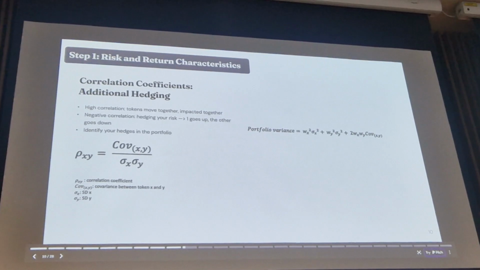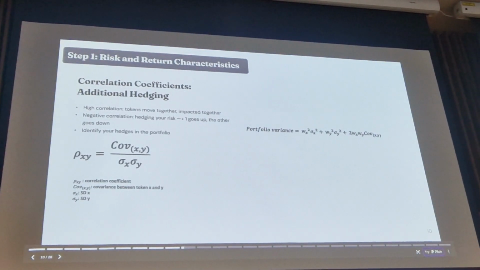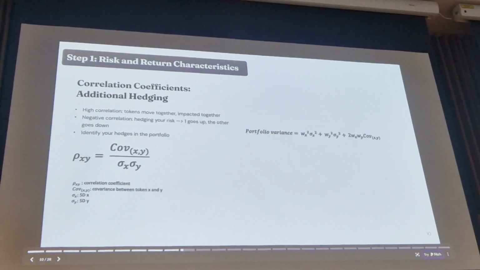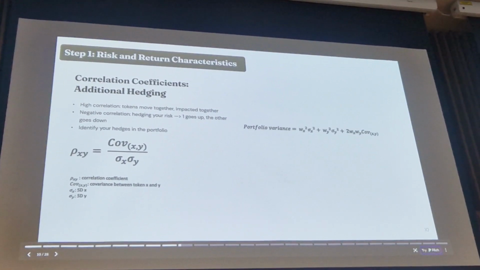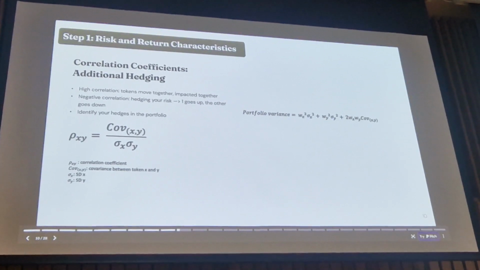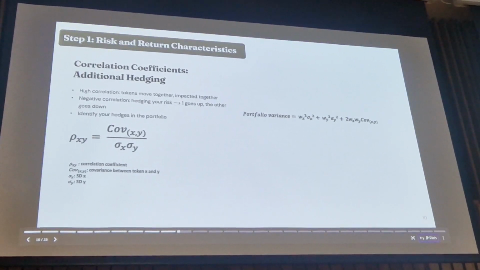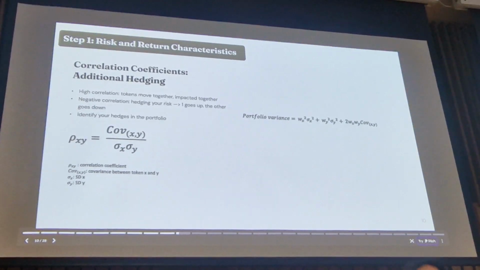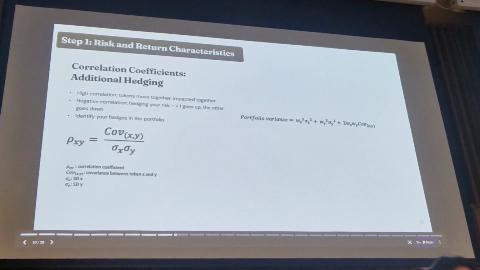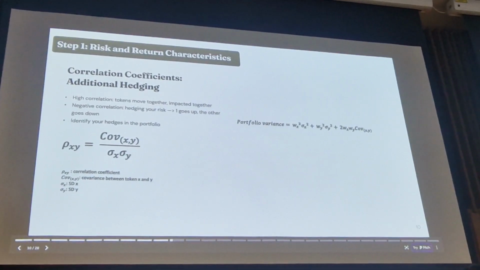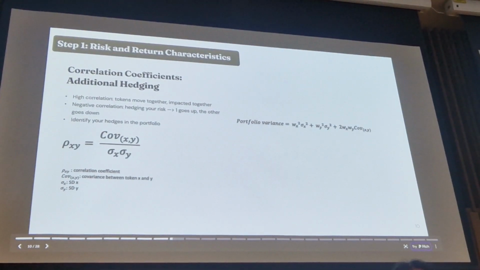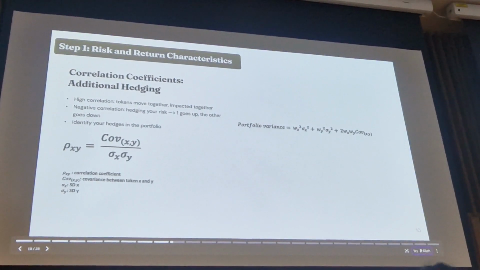Say you've got more than 2 tokens in your portfolio, and then you want to know how these pairs move, because you can evaluate one token to another token. So if one token goes up in price and the other token goes down, that means the correlation is negative, and that's actually your hedge, or basically minimizing the risk.